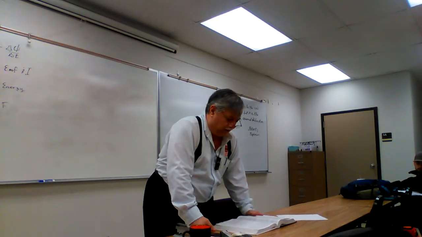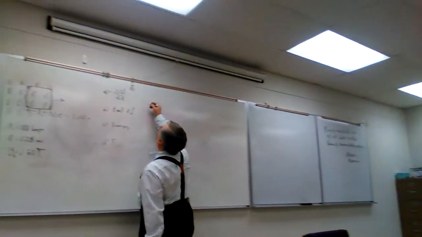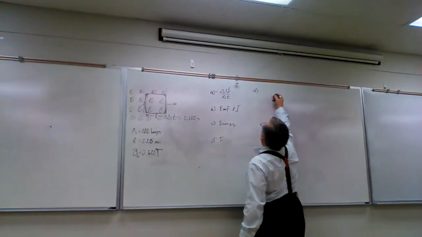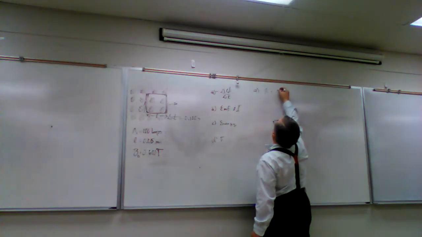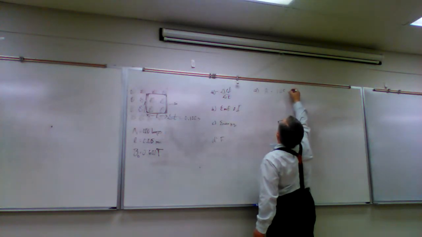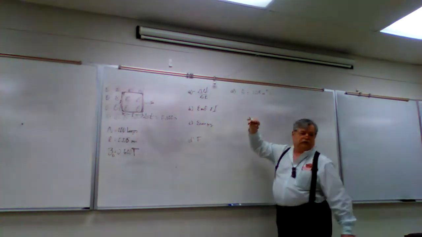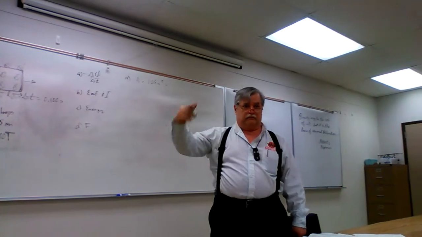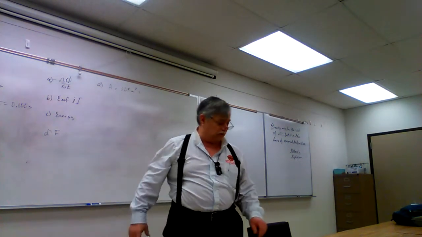The coil's area is L squared. So let's go with A. The area is 0.05 meters squared, which is, and again, those of y'all with your calculators, get them out and help me do the arithmetic.